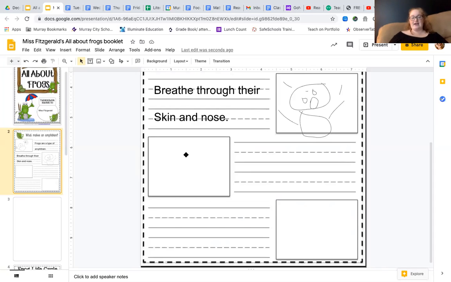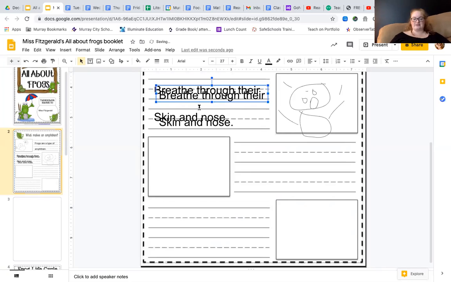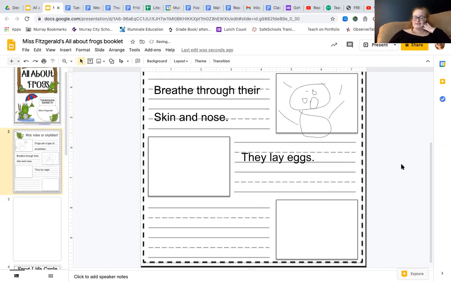Yeah, so they lay eggs. So let's go ahead and write that. On your next box, we are going to write, they lay eggs. Okay, you ready? They lay eggs. Amphibians lay eggs. So on your box right here, you're going to write they lay eggs.